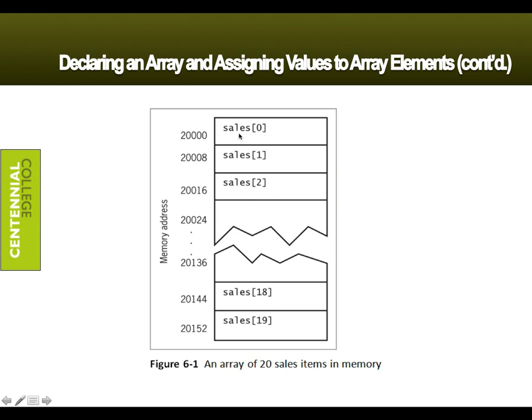But when it comes to counting, if I say sales 0, I'm referring to the 0th element of the sales array. Sales 1 then would be the first element of the sales array. And this is the second element of the sales array. Element 2, or index 2, or subscript 2.